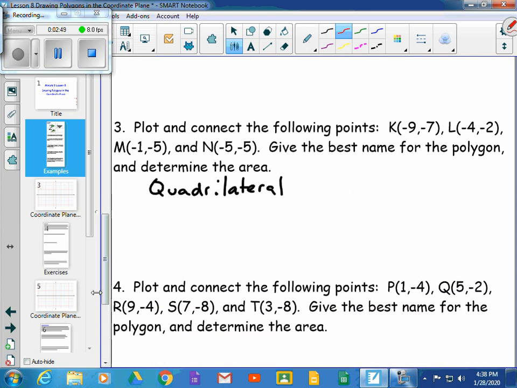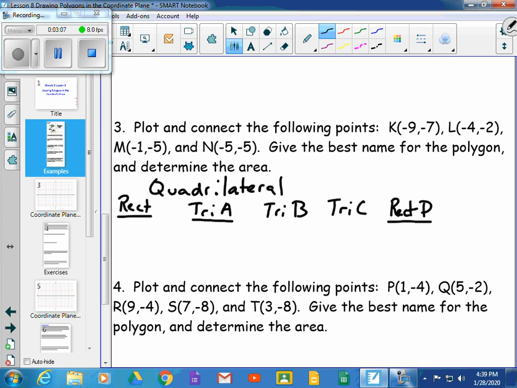So now I'm going to label my parts. I've got my big rectangle. I have triangle A, triangle B, and triangle C, as well as rectangle D.